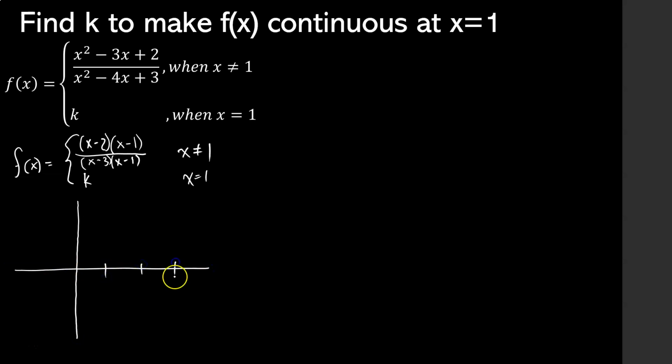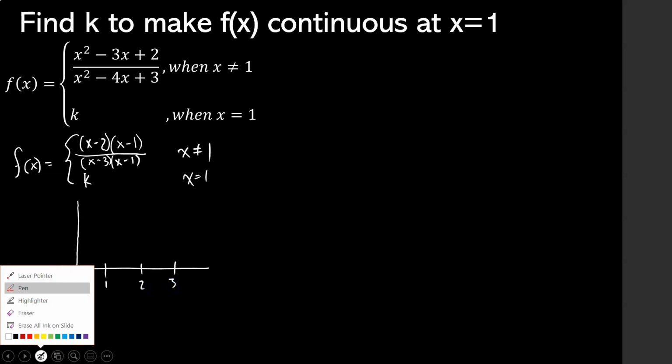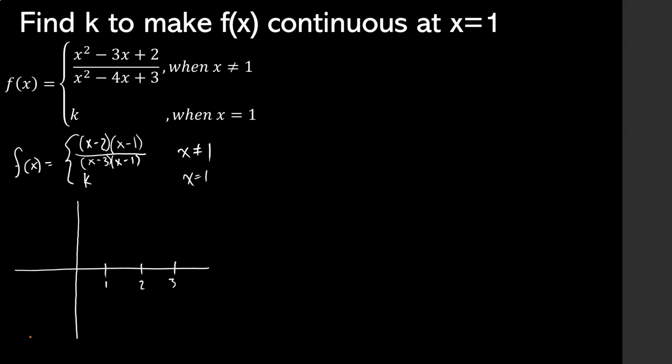1, 2, 3. Let's get another color. Based on this pair of x minus 1s, we can't put anything at x equals 1. It's going to be a k value, but if we're just graphing x squared minus 3x plus 2 over x squared minus 4x plus 3, that's what we get.